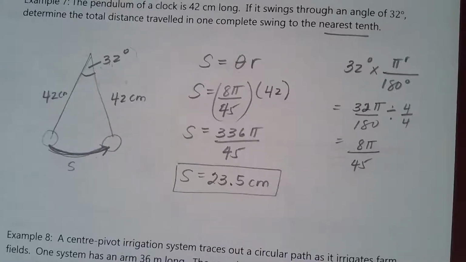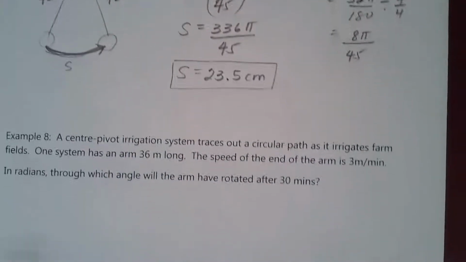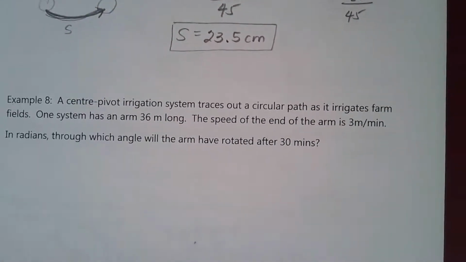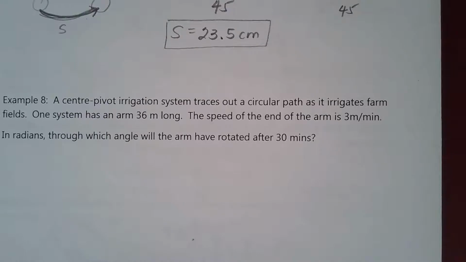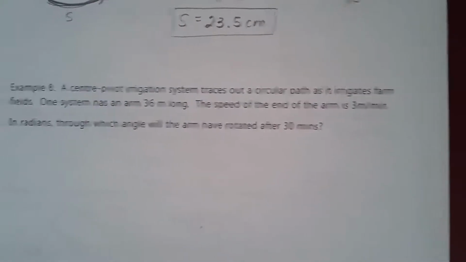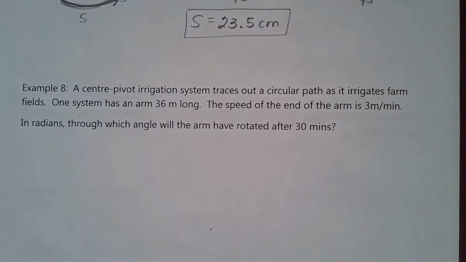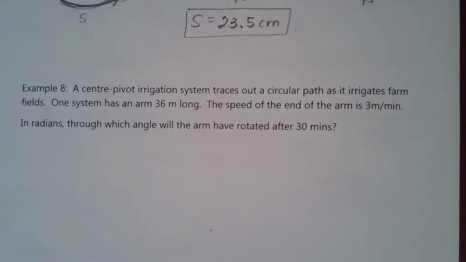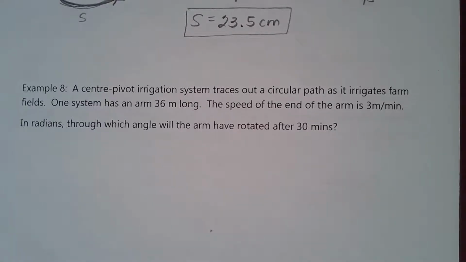Okay, this is going really fast. We're on a final example in here. It will give us a lot of time to do our practice questions for sure. So example 8: a center pivot irrigation system traces out a circular path. It's an irrigation system that basically shoots out water onto the land.